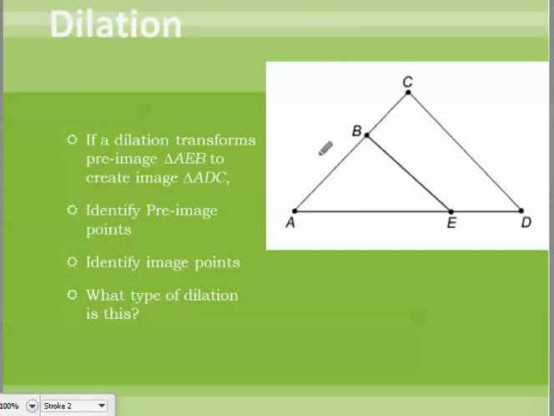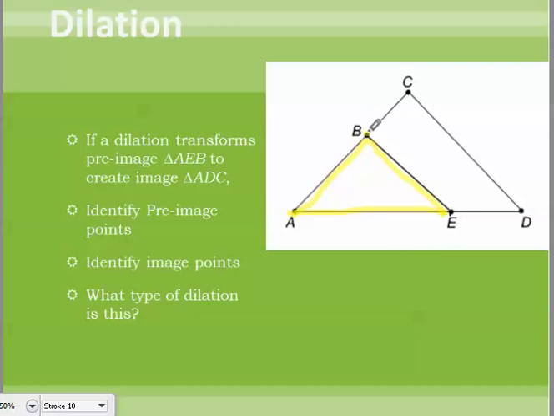Okay, if we're doing a dilation from this one, the pre-image is the first one. So if they're giving me the pre-image of A, E, B, let's do that in yellow. A to E, E to B, B to A. That's the triangle. That's the pre-image. And the image is the one that it expanded to, right? And they want me to identify some points, okay?